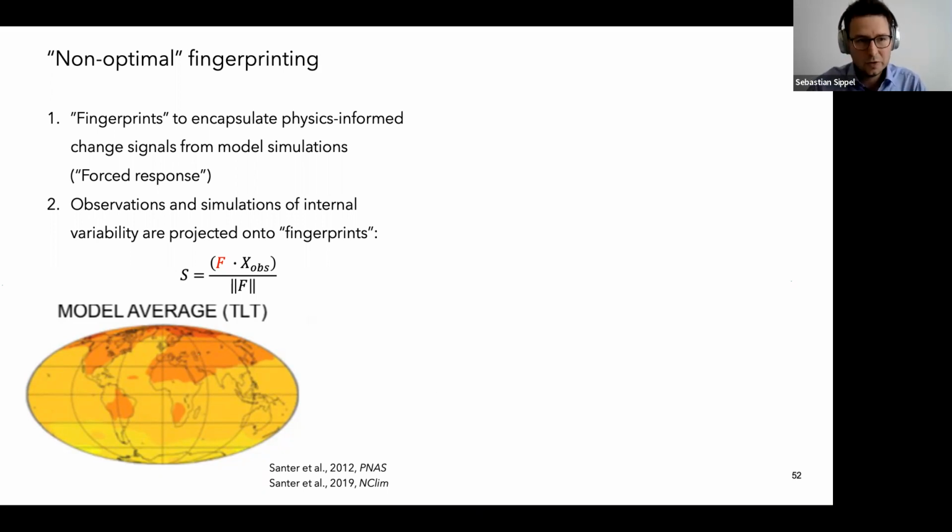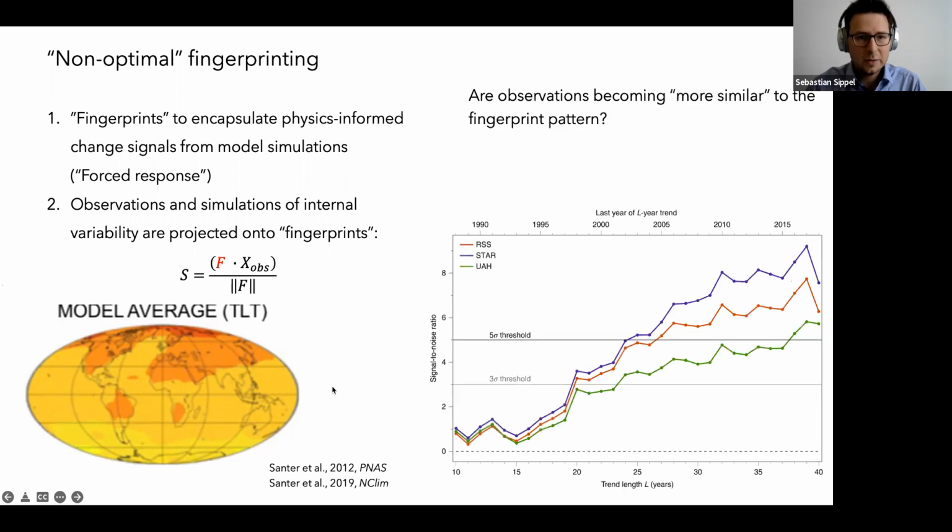Sorry, I should have said that this fingerprint is lower tropospheric warming inferred from satellites. Ben Santer computes how this S evolves over time for different trend lengths. The x-axis is the trend length: 10 years, 15 years, 20 years, up to 40 years, from 1979 to 2018. Then he looks at how the signal exceeds the noise of the control simulations.